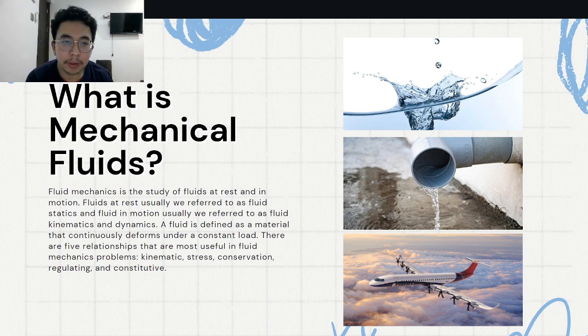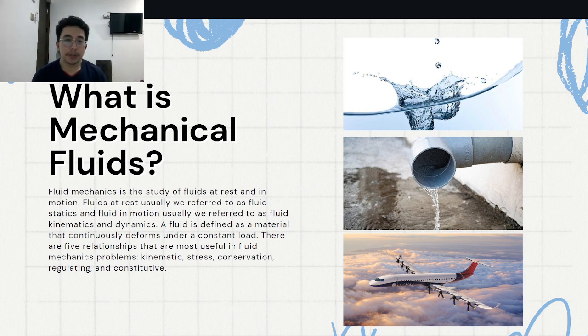A fluid is defined as a material that continuously deforms under a constant load. For example, water flowing from a pipe we can call continuous deformation. The fluid continuously deforms as it flows from one point to another point.